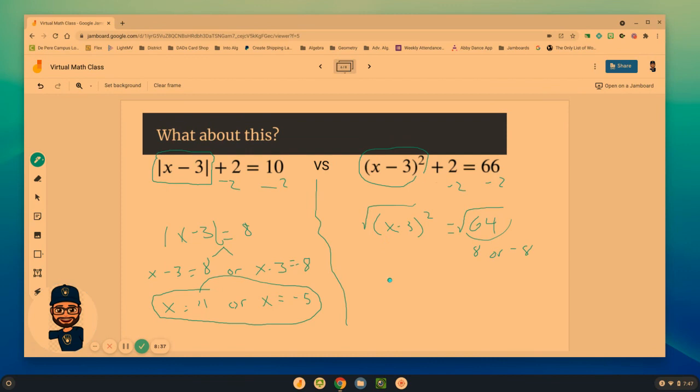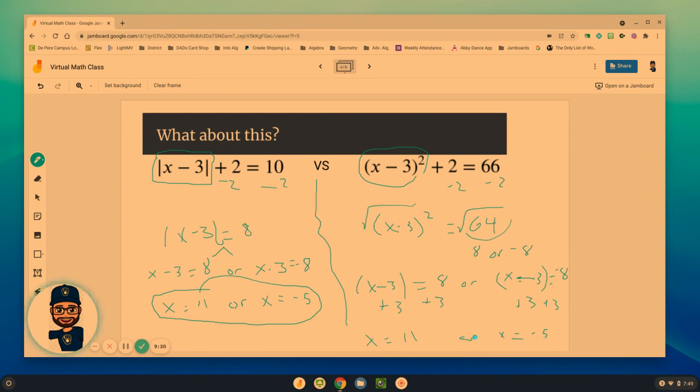And so we need to take what was left inside that parenthesis and set it equal to both. x minus 3 is 8, or x minus 3 could equal the negative 8. And we're going to solve both of those to come up with our x values. And therefore, we're going to add 3 to get x equals 11. When I add the 3 over here, we get x equals negative 5.